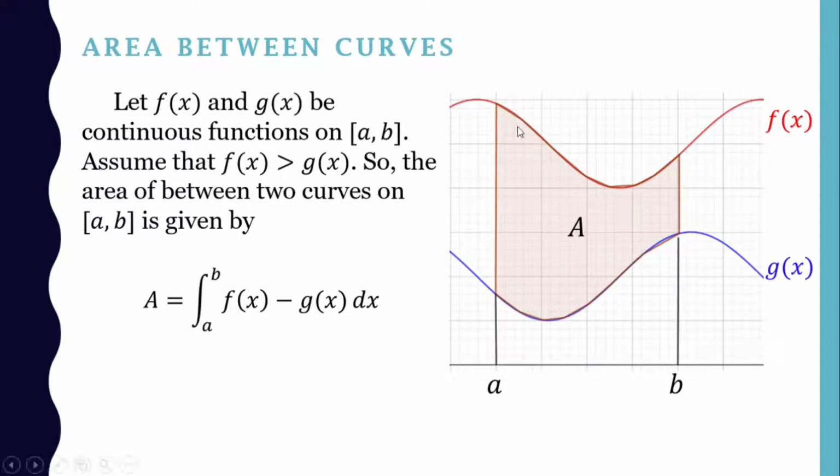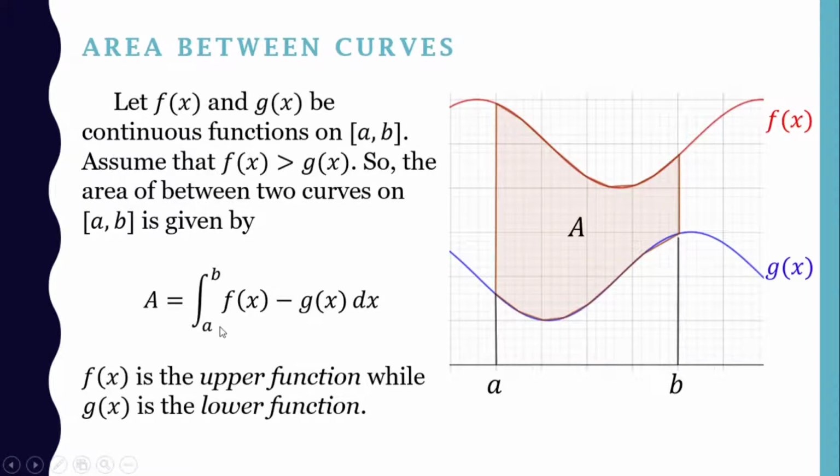Since f of x is greater than g of x, f of x will be in a higher position than g of x in our graph. So the shaded area here, represented by A, can be solved by the integral of f of x minus g of x dx from a to b.